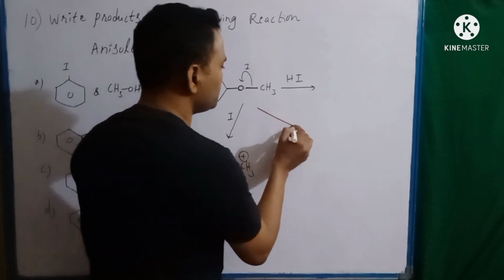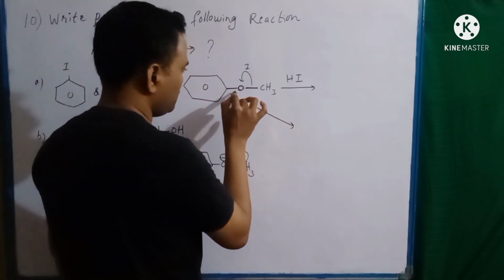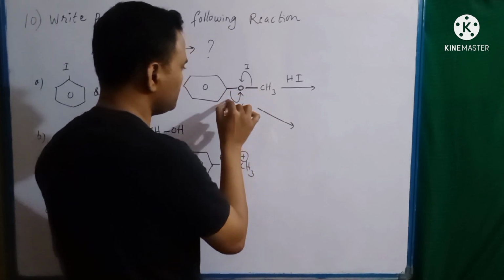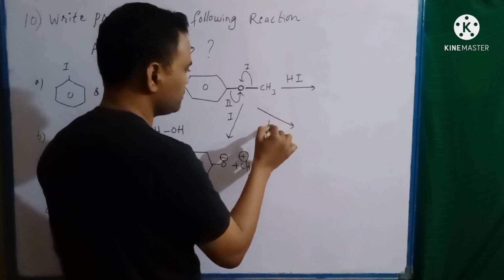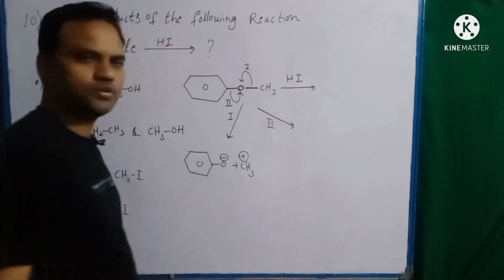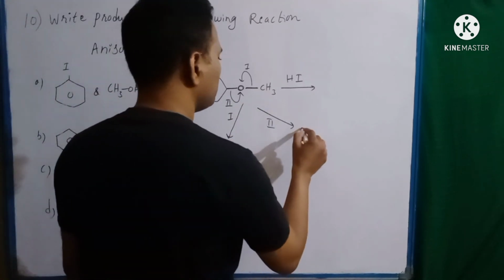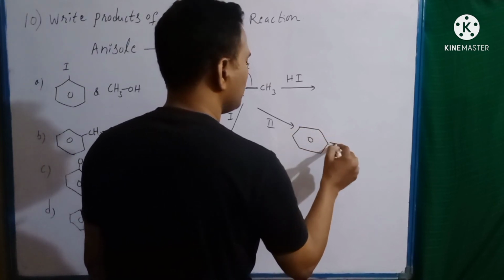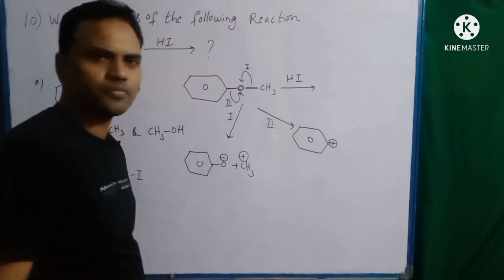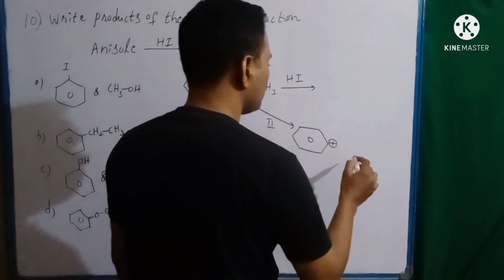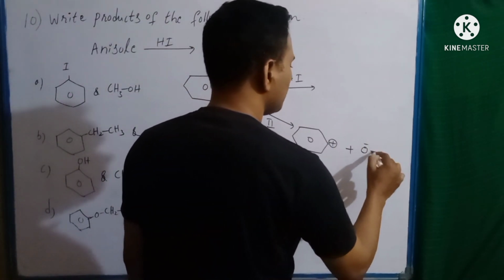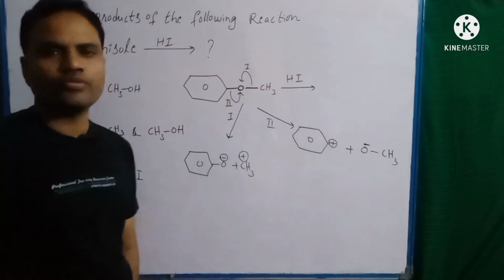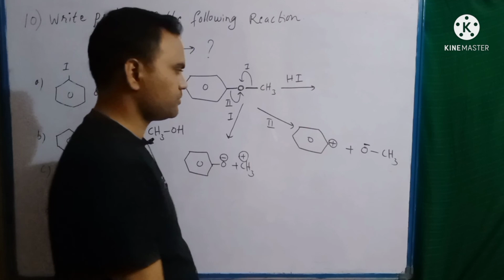And the second possibility, this bond will shift on to the oxygen atom. This is second possibility. Okay, now benzene will get positive charge and this oxygen will get negative charge, O minus and CH3. So which shifting is correct?